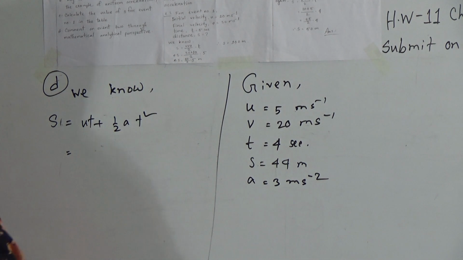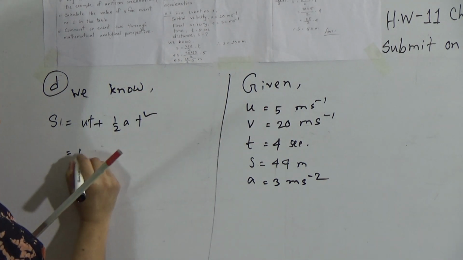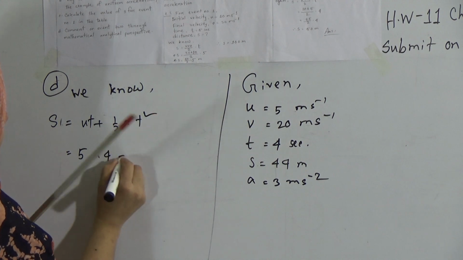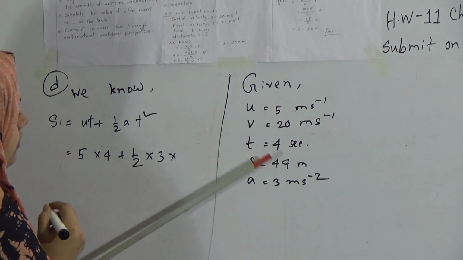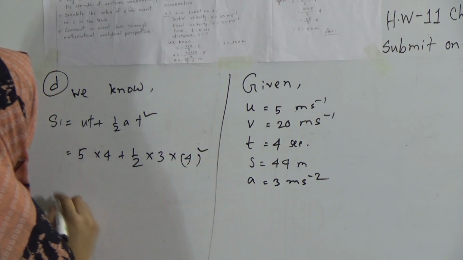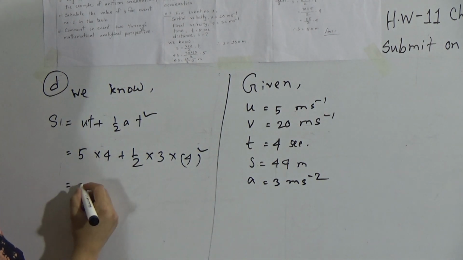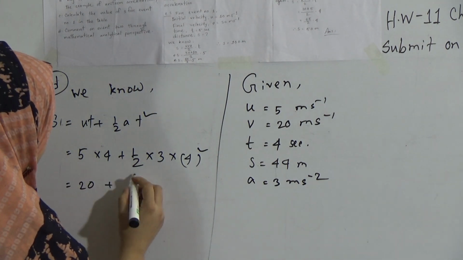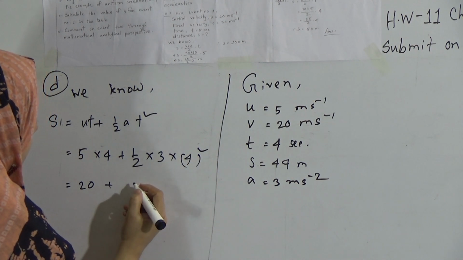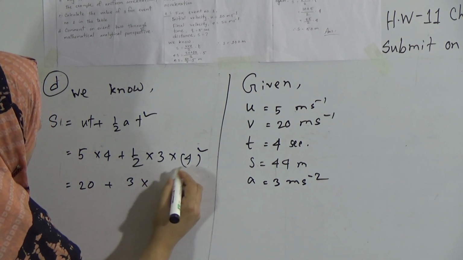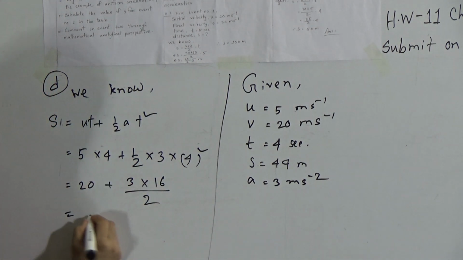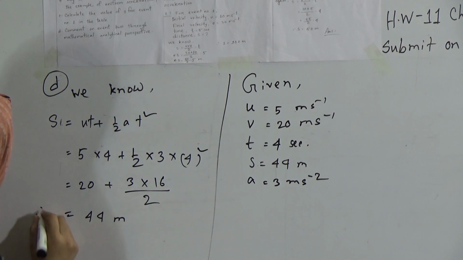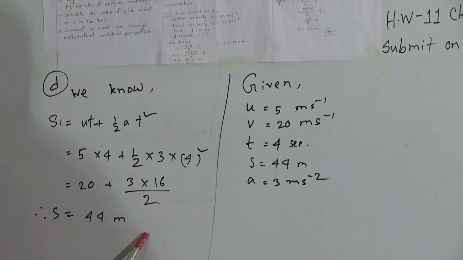So put the values: u is 5 into t is 4, plus half into a is 3 and t is 4 square. 5 4s are 20 plus 3 into 16 divided by 2. So do this calculation, you will get 44 meters. So here distance is 44 meters, as given.